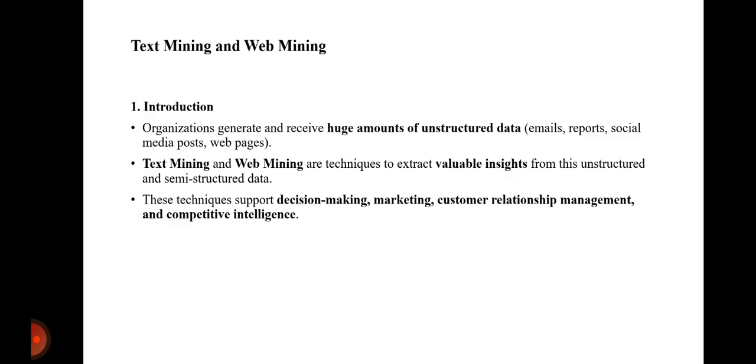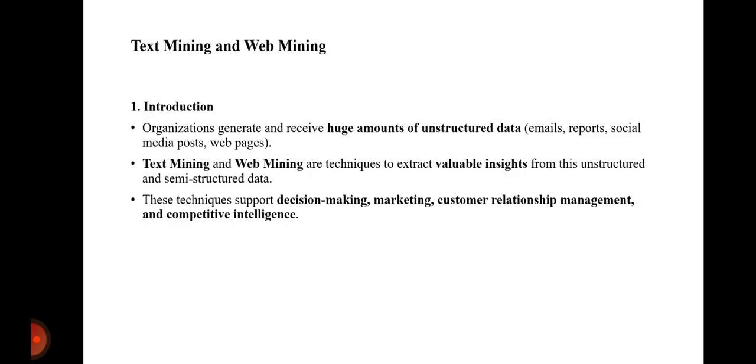Next is data mining, text mining, and web mining. Text mining deals with unstructured text data such as documents, emails, and social media posts.